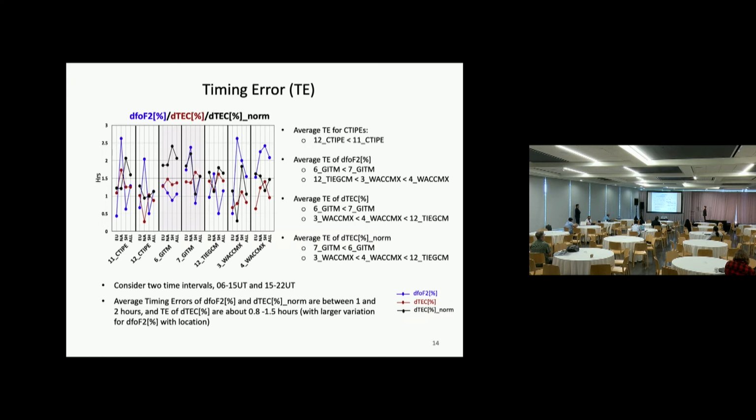For the average timing error of this percent change in TEC, the old version is a little bit better than the new version. The average timing error for this one ranges from 1 to 2 in all these cases.